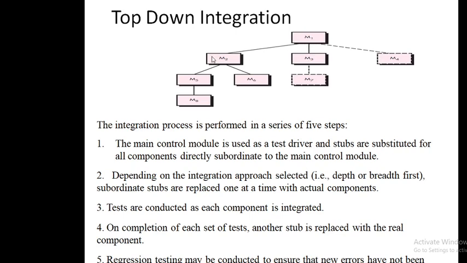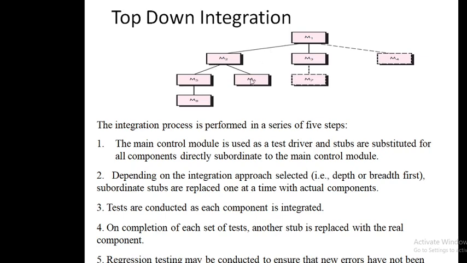M1 is integrated with the first-level components M2, M3, M4, and then the second-level components M5, M6, M7 are integrated. Then the third-level components. In this manner, level-by-level integration is carried out, and this comes under breadth-first. So these are the two manners we follow in the top-down approach. This is the diagrammatic concept of the top-down approach.